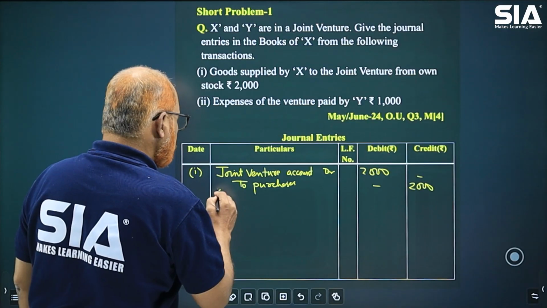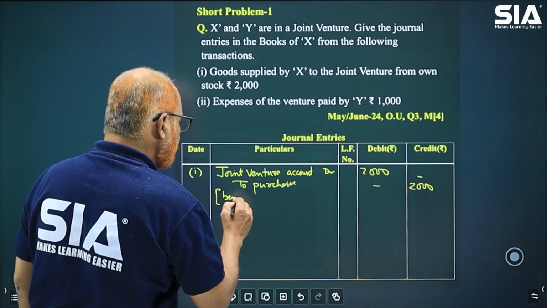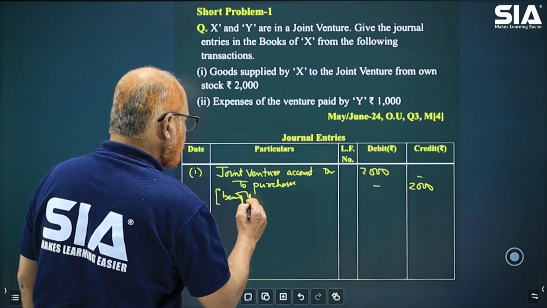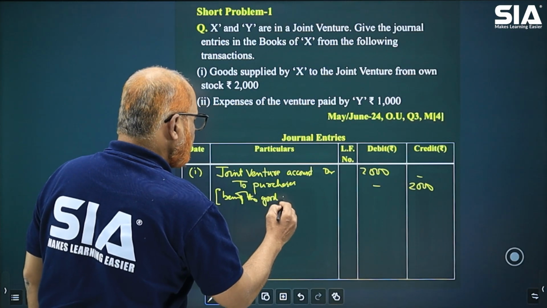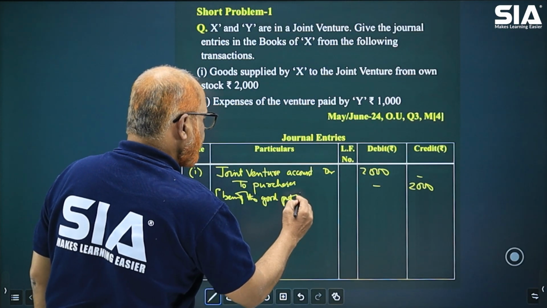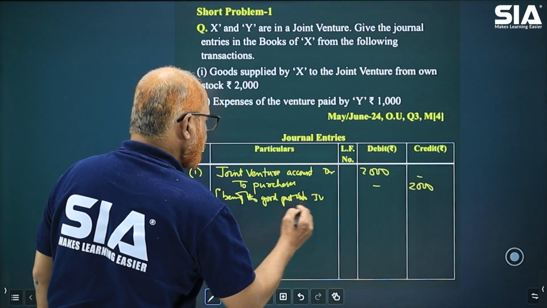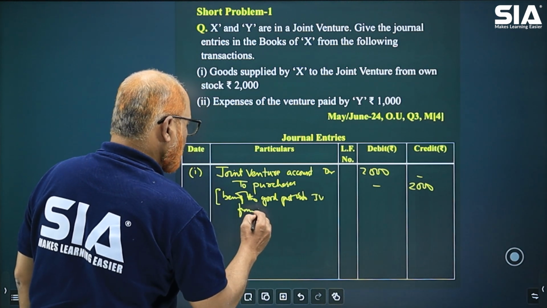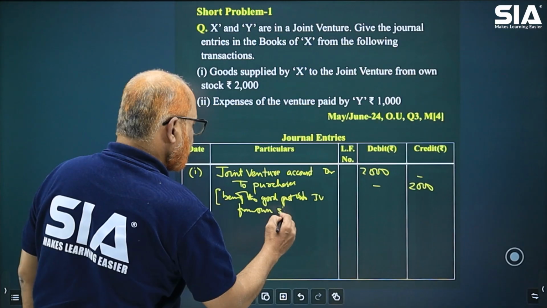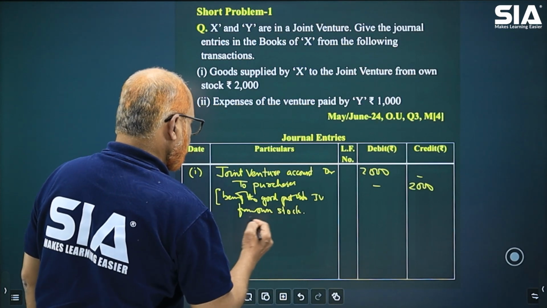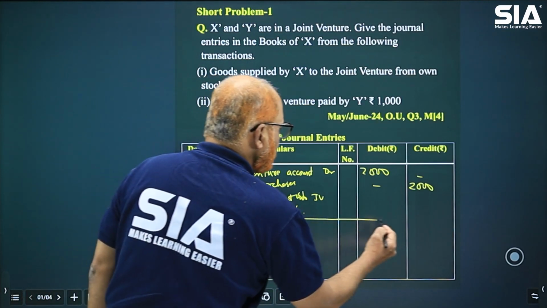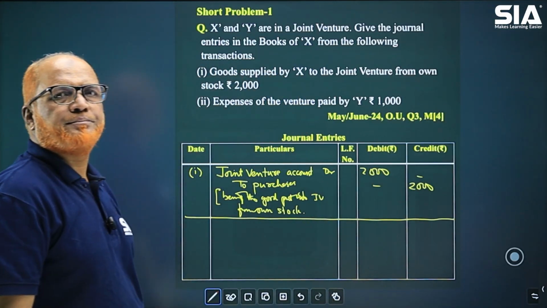Here you can write: being the goods put into joint venture from own stock. That's all. This is the first entry.